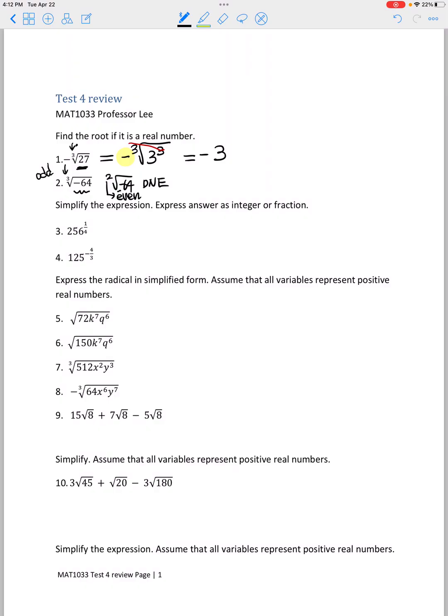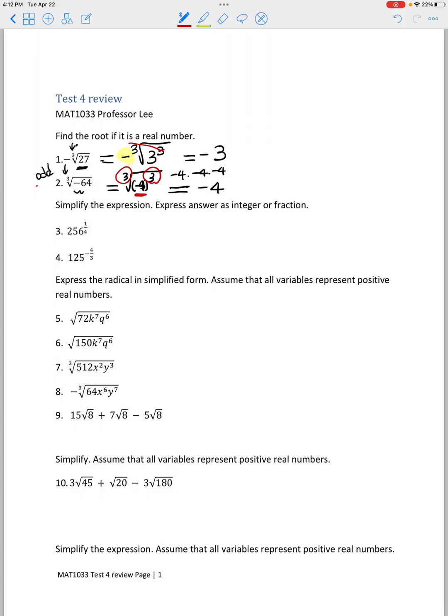But if it's odd, yes, we can have a real number, because when you multiply negative 4 times negative 4 times negative 4, that can be a negative number. So this is negative 4. When you get the outside power and the inside power for the odd, you just keep the signs out together.